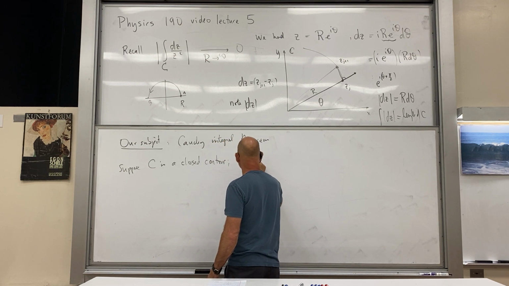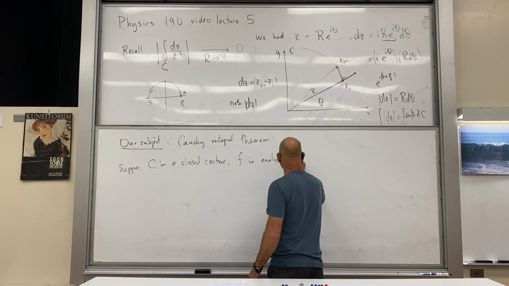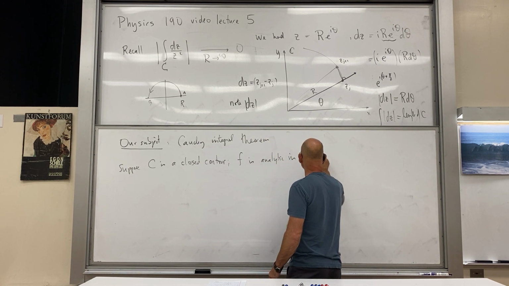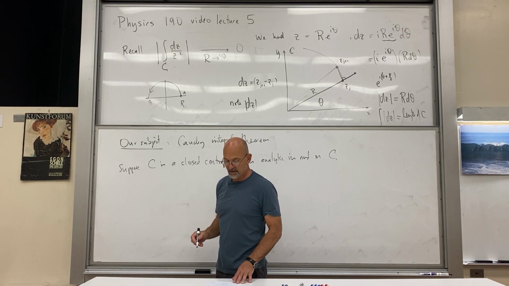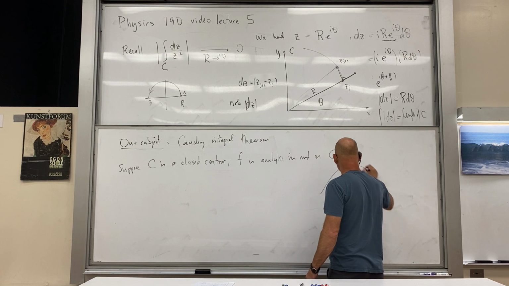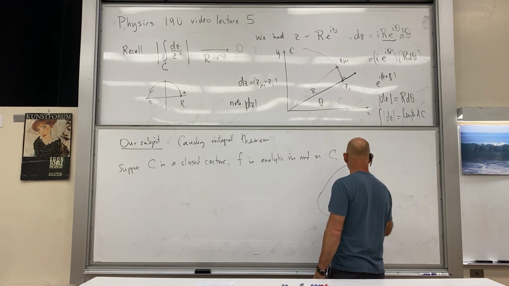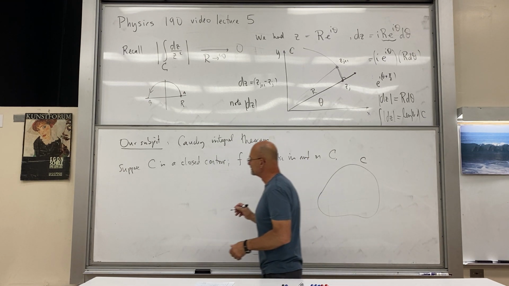f as a function is analytic in and on that contour. So I'll draw a closed contour here in the complex plane. That's C, and f is analytic in and on the contour.